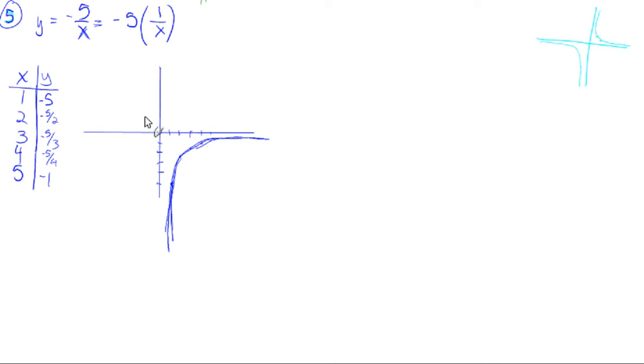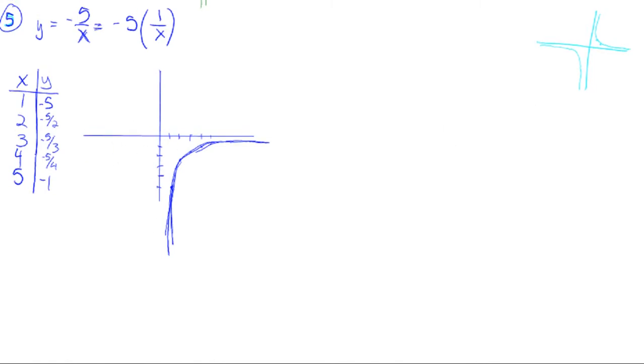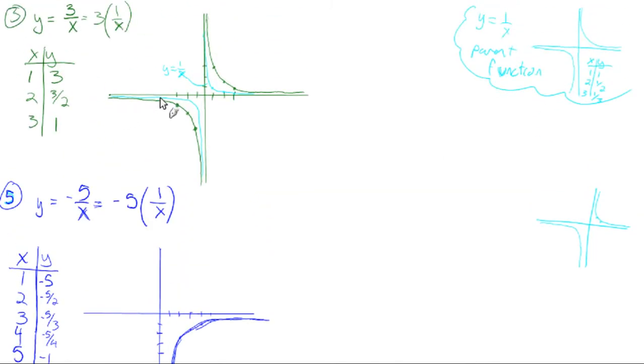Now the rest of the graph, we could think it should be the mirror image, but since this is kind of weird, let's think about that for a second. Well, if it were just 5 over x, then we would have this curve being over here, right? If it was positive 5 over x. Just like for positive 3 over x, we had this other curve down here.